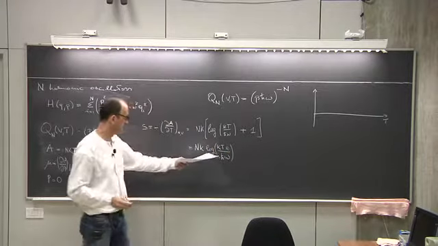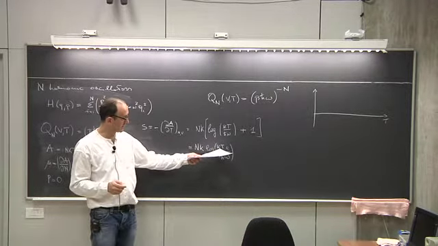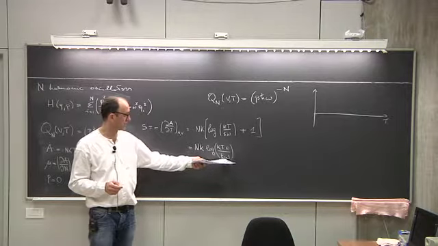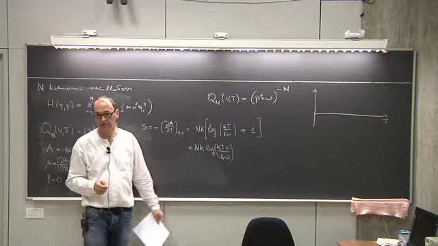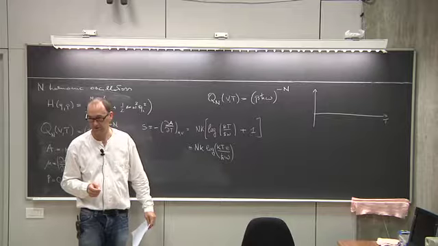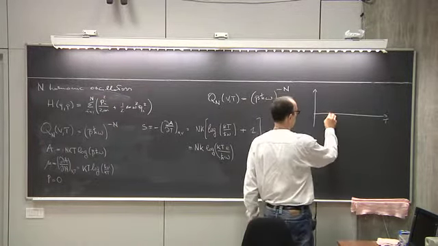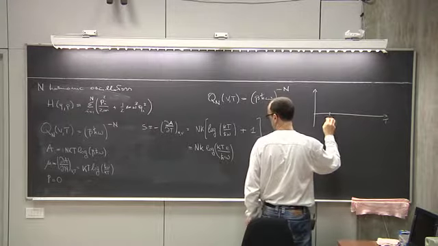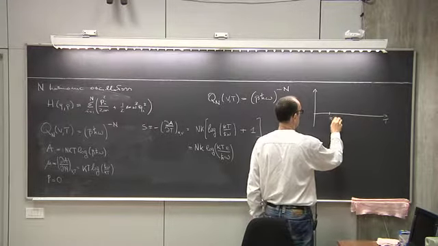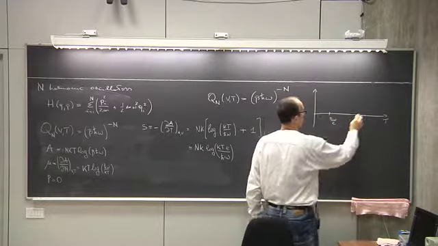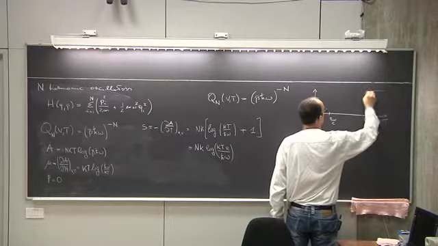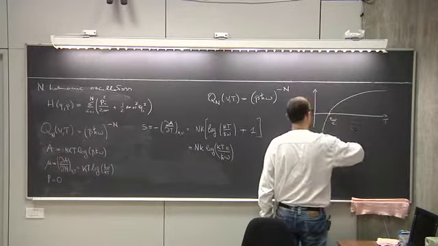Which means that when kT is less than h bar omega divided by e, the entropy is negative. So there will be a point here, h bar omega divided by e, where the entropy goes like the log, and then it becomes negative.